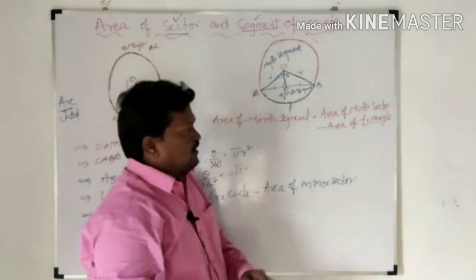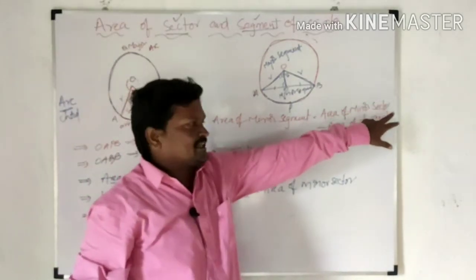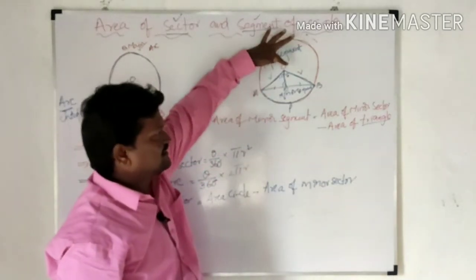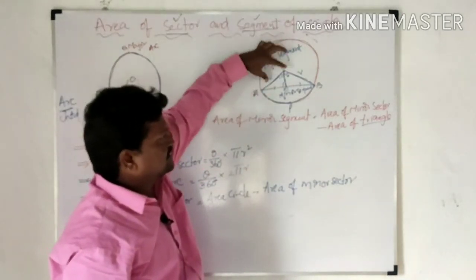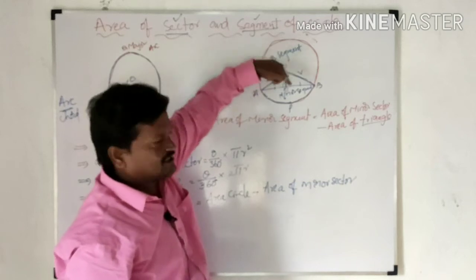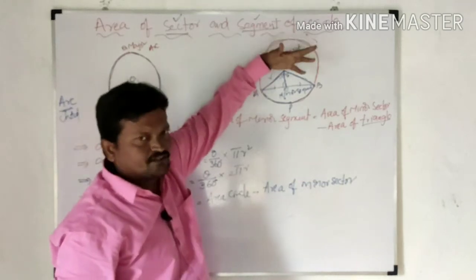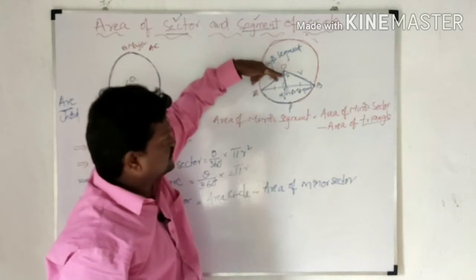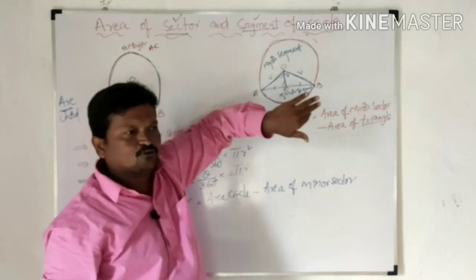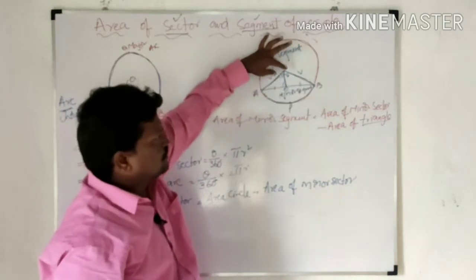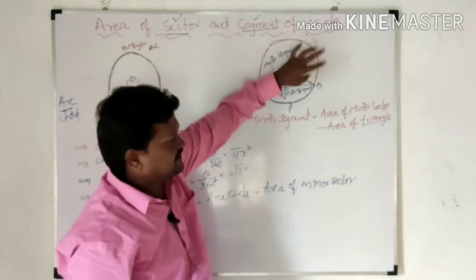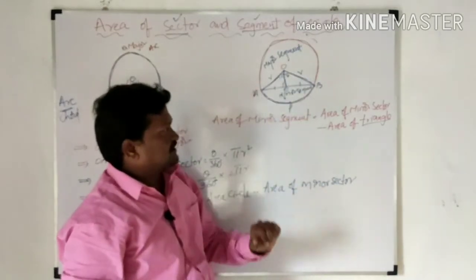Already we know how to find the area of a sector. By using this formula, first we have to find the area of the sector. After that, by using trigonometric ratios, we find the lengths. Sometimes they will directly give the length of the chord, and that time there is no need. After finding the base and height, we can find the area of the triangle.